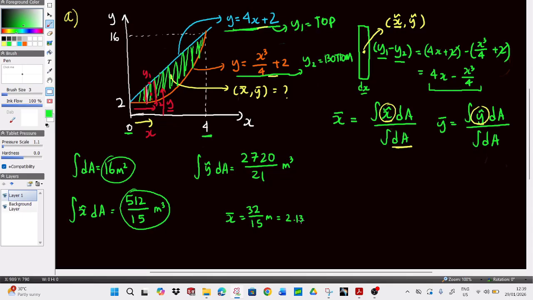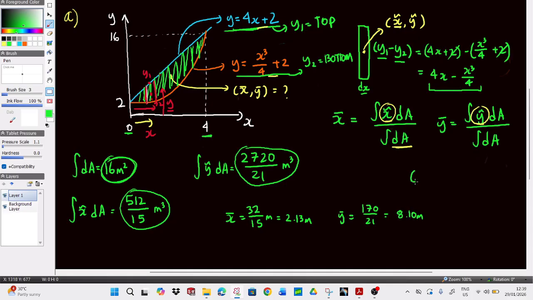So 2.13 meters. And then your y bar, you just simply again take this value and divide with 16. So it becomes 2720 over 21 divided by 16, so it becomes 170 over 21, which is equivalent to 8.10 meters.